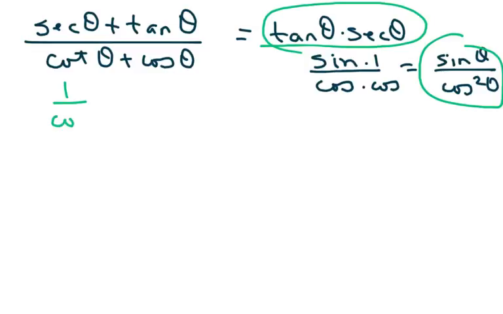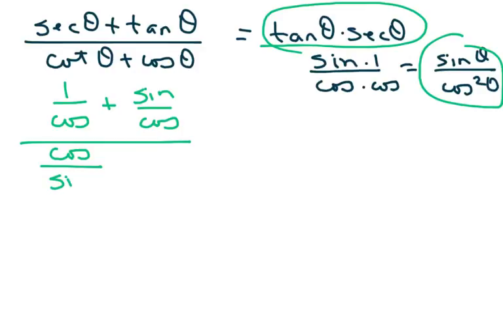So write this in terms of sine and cosine. You have 1 over cosine plus sine over cosine over cosine over sine plus cosine over 1. I'm leaving the thetas out because I'm trying to go a little faster here.